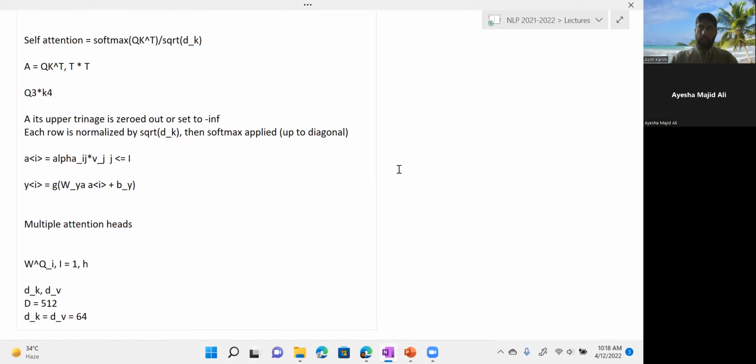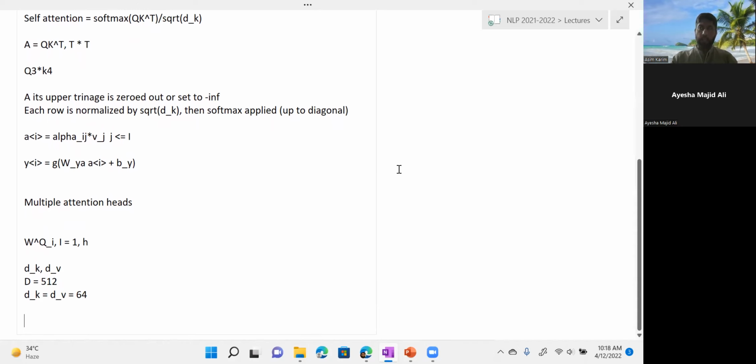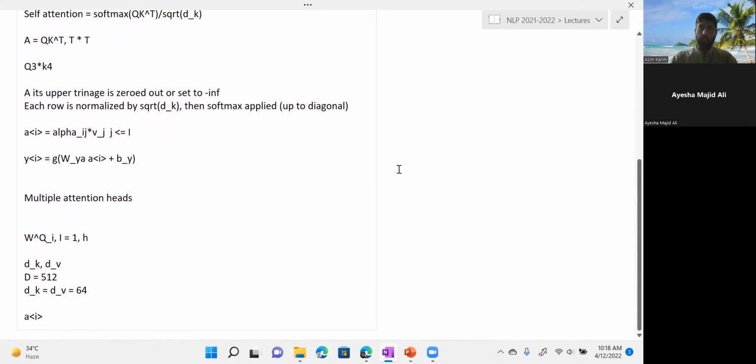So it means that the output that you get, the A that you get, A_i, is of size 64 from each head. ठीक है? हर एक हेड से जो हर एक पोजीशन का आउटपुट आ रही है वो 64 साइज का.